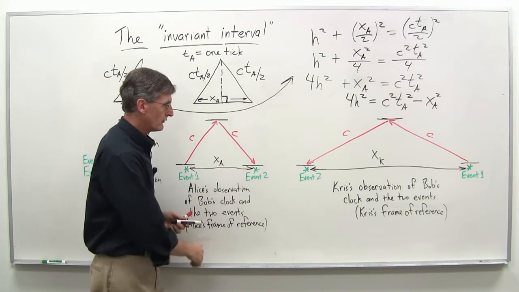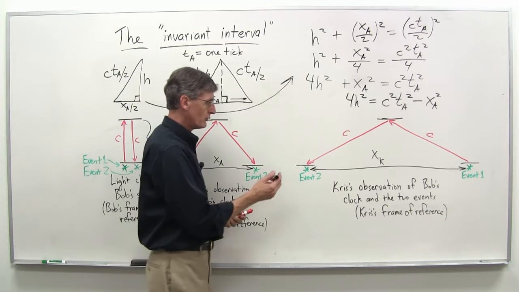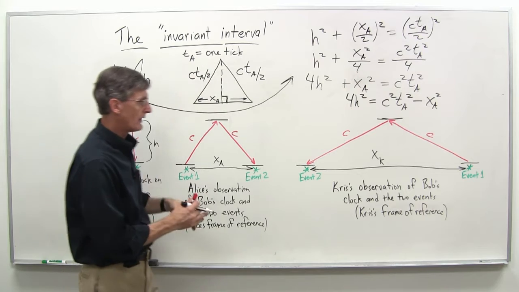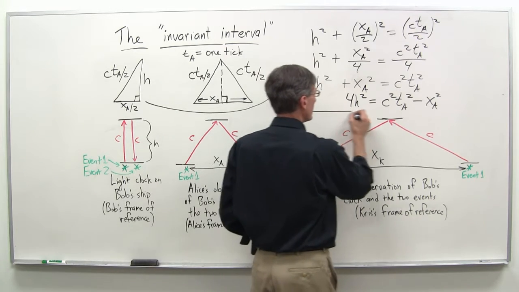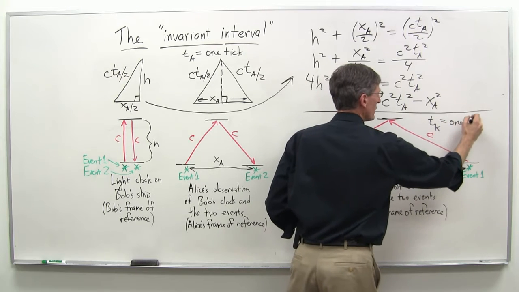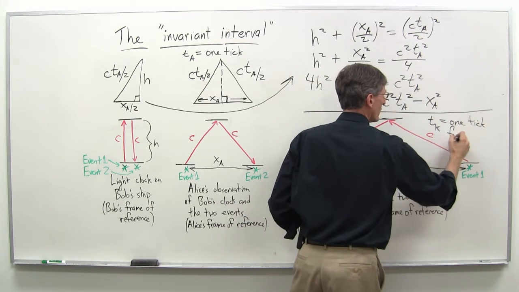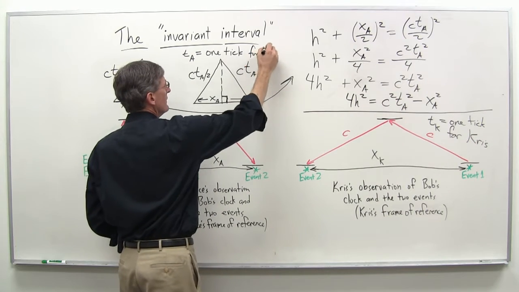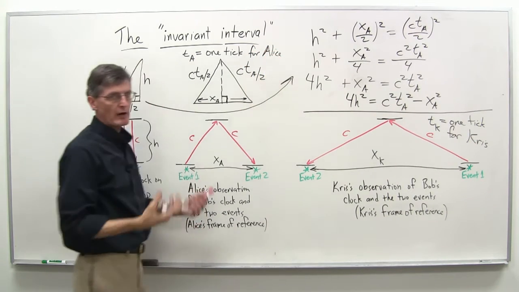We'll just do it on the triangle here. We will assume that T sub k, here T sub a was 1 tick for Alice, so here T sub k equals 1 tick for Chris. Okay, this was for Alice. Again, they're all observing Bob's clock.